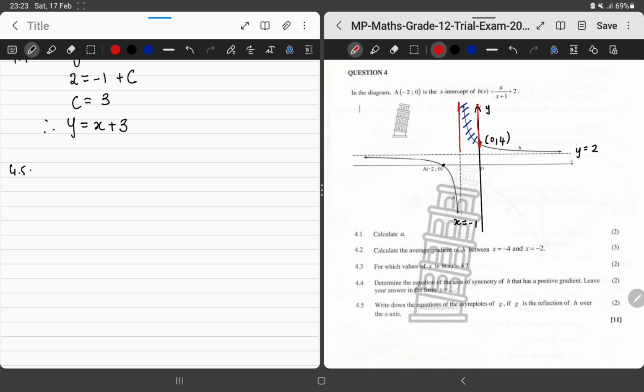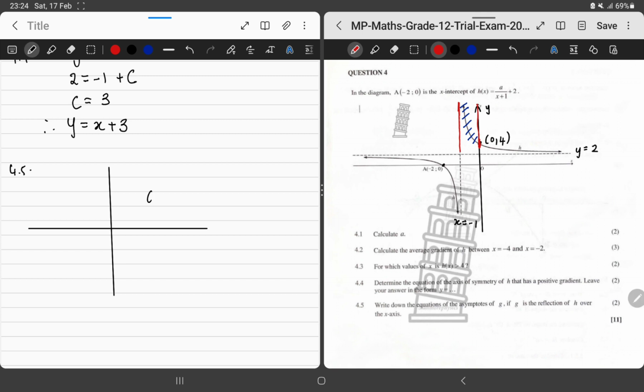4.5. Write down the equation of the asymptotes of g if g is the reflection of h over the x-axis. I want us to understand what is happening here. Now, you don't have to do this. I just want to make it easier for you to understand what I'm about to do.